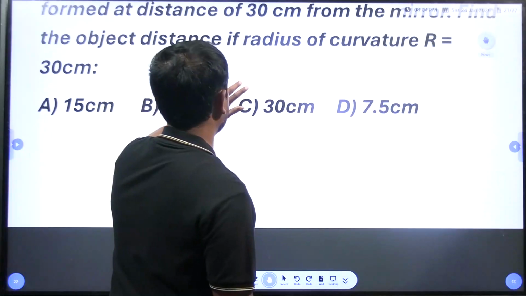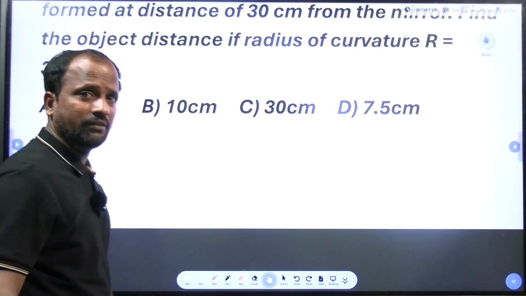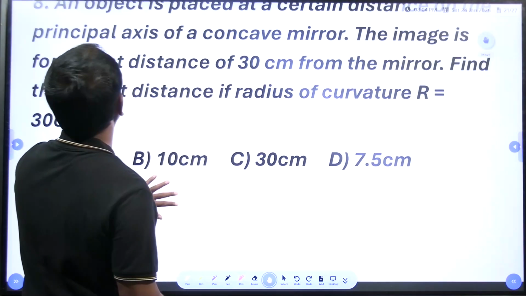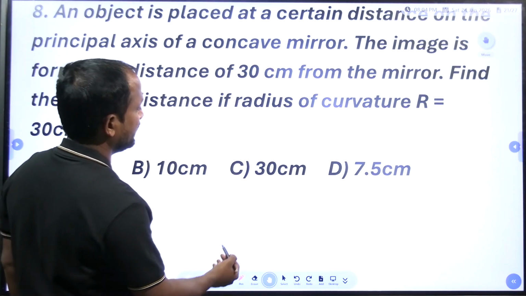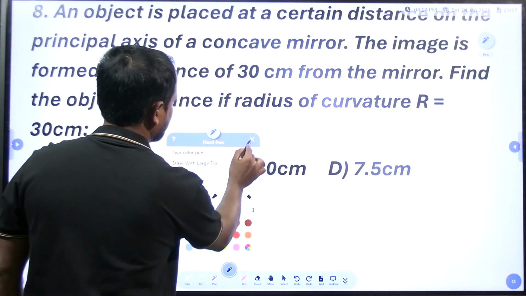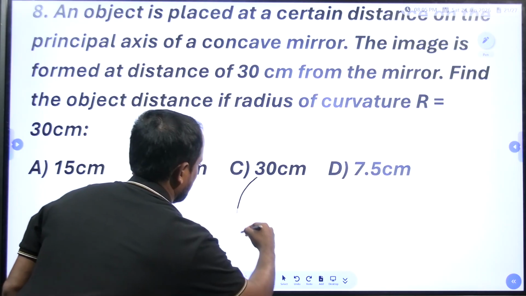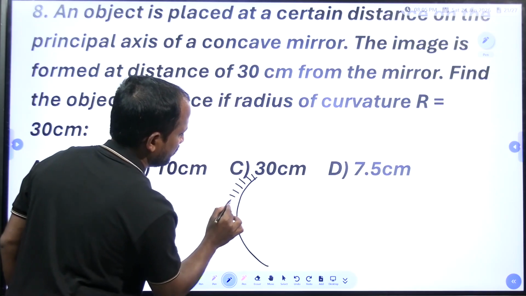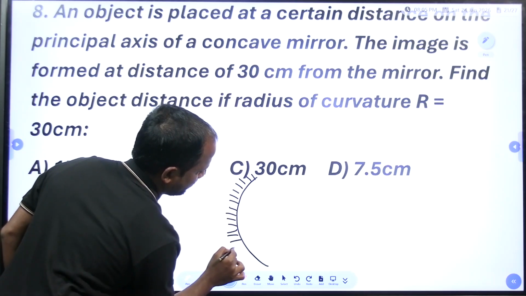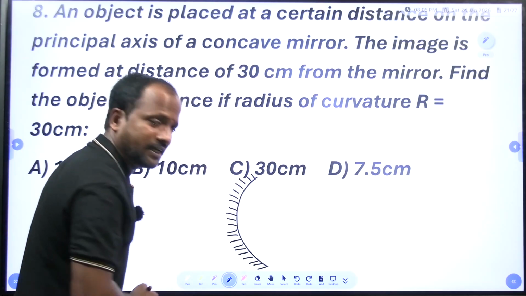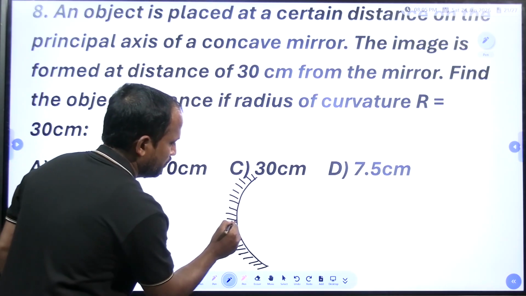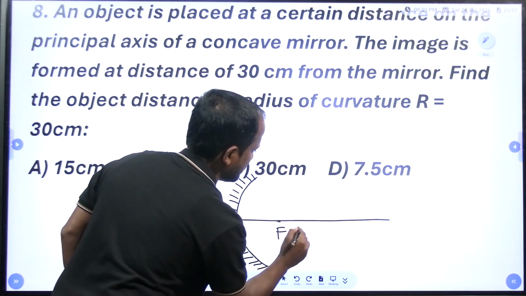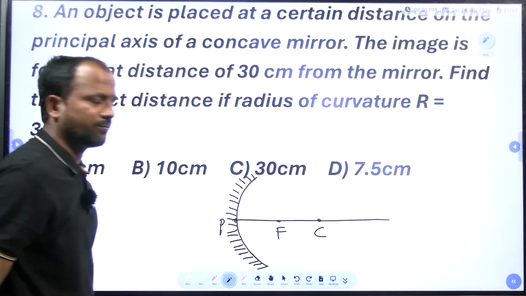So I will take a diagram based on the information. The principal axis is missing in the question. See here, a concave mirror, where the bulged outer surface is polished. Pole, principal axis, focus, and center of curvature.